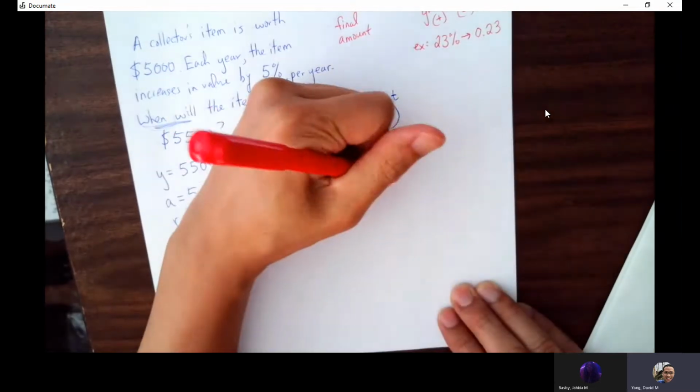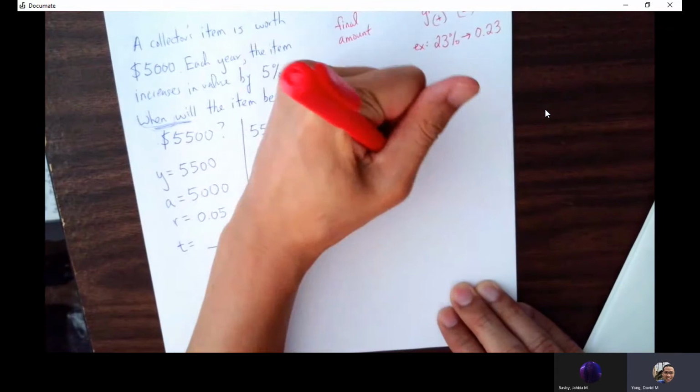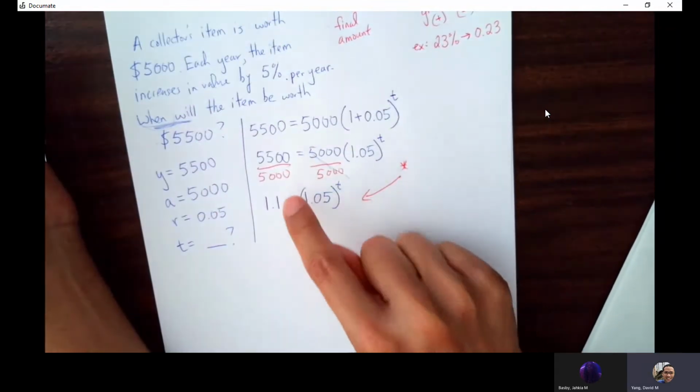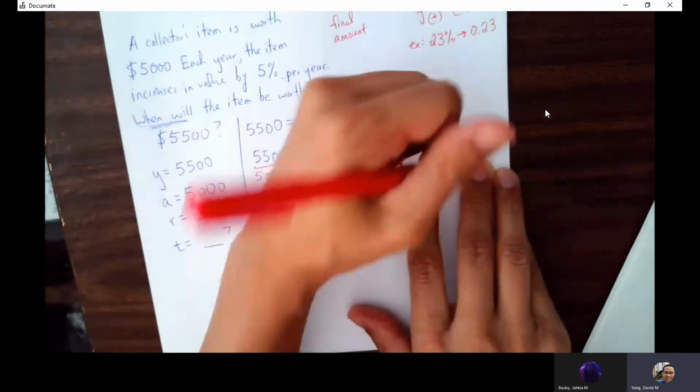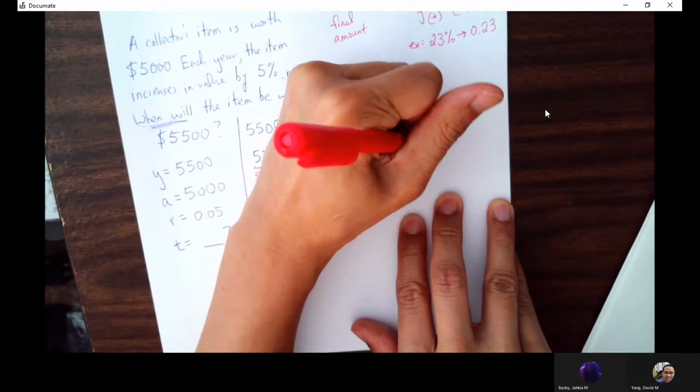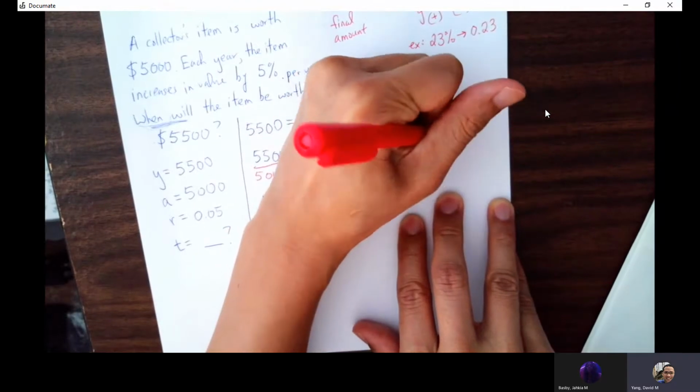What logarithms do for us is allow exponents to freely come down, because we have a special property available. So we're going to introduce logarithms into the problem.